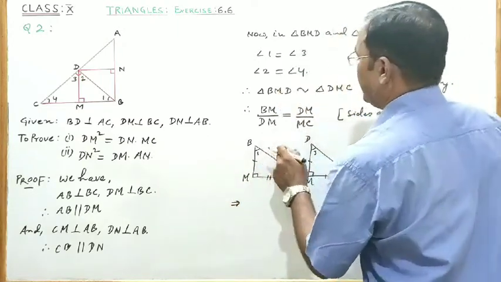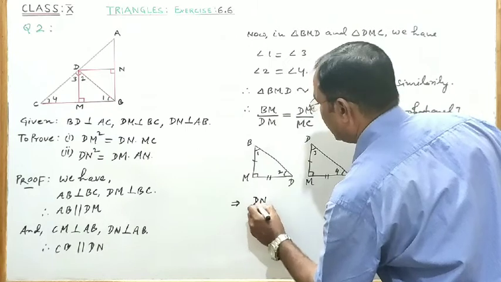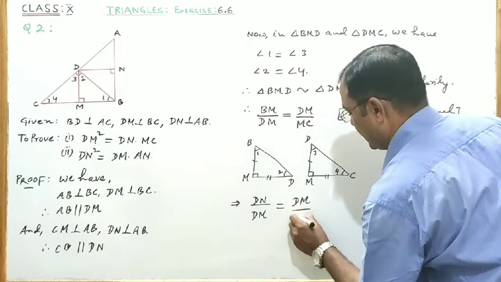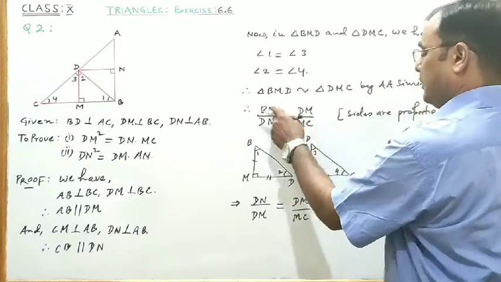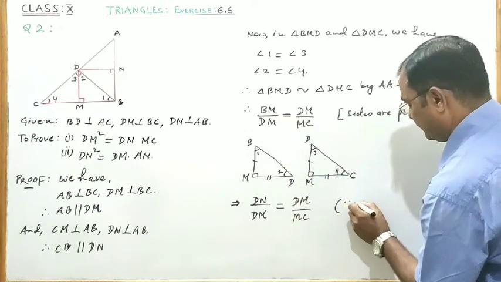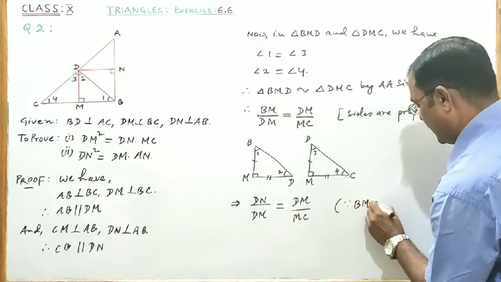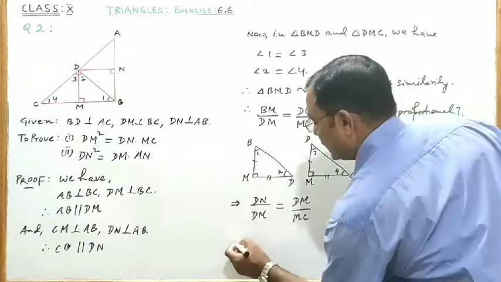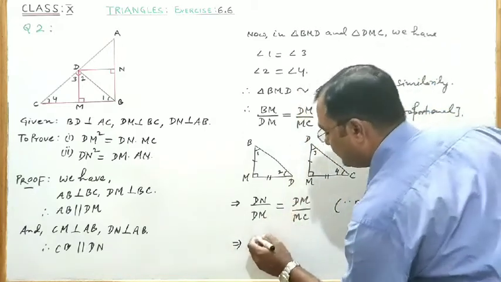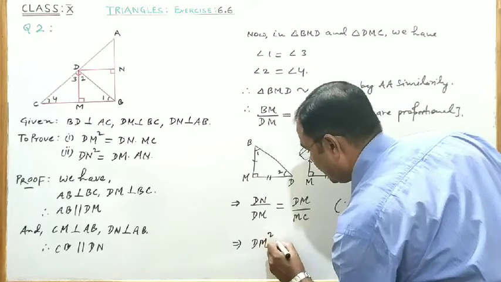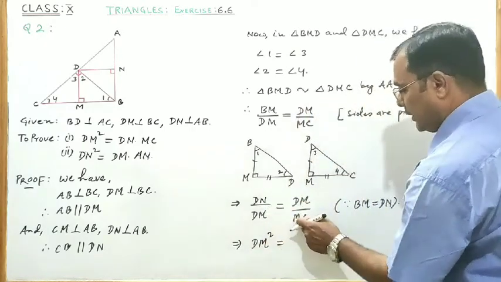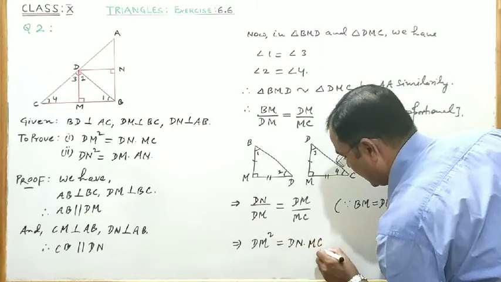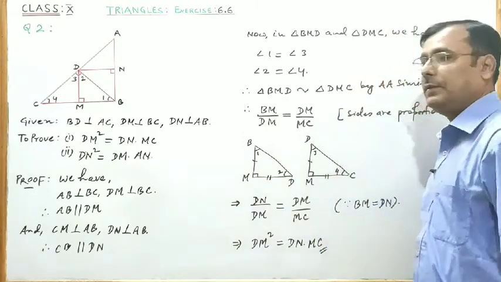Now this relation implies DN by DM is equal to DM by MC, because BM is equal to DN. Now cross multiply DM into DM. DM square is equal to DN into MC, and this is the first part which we have.